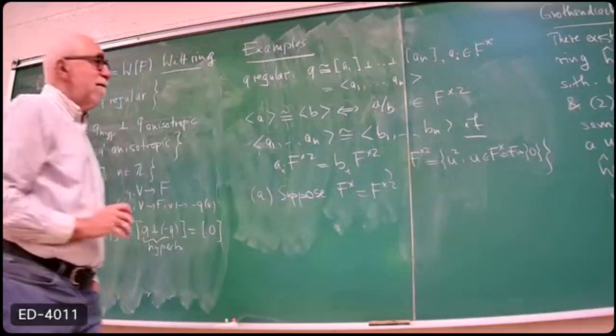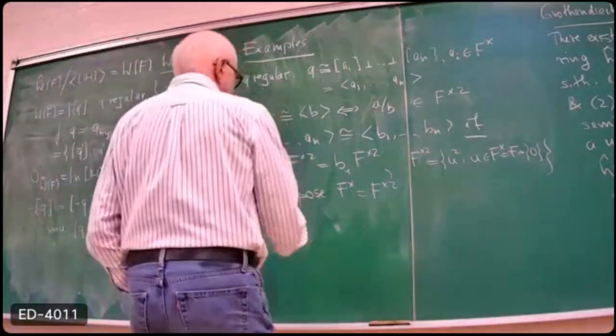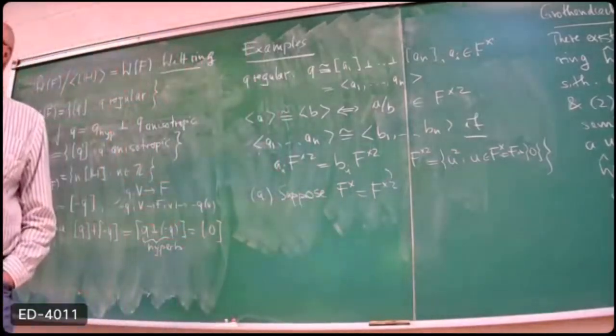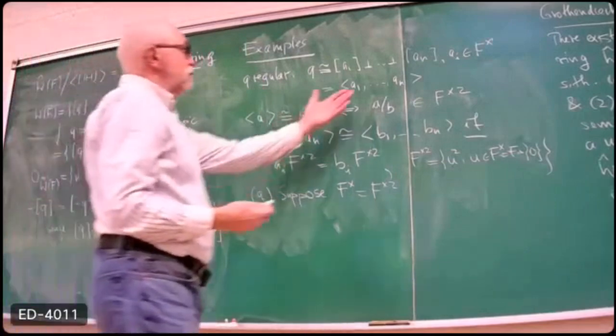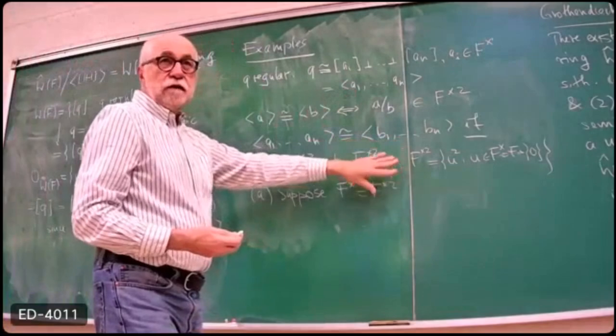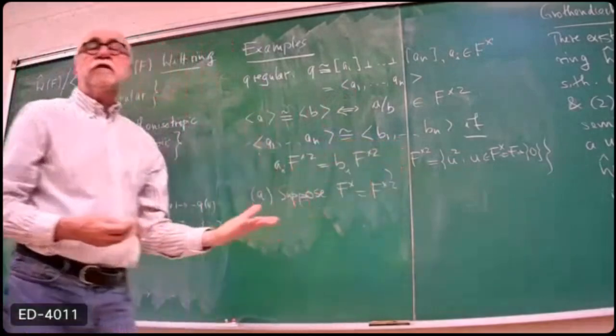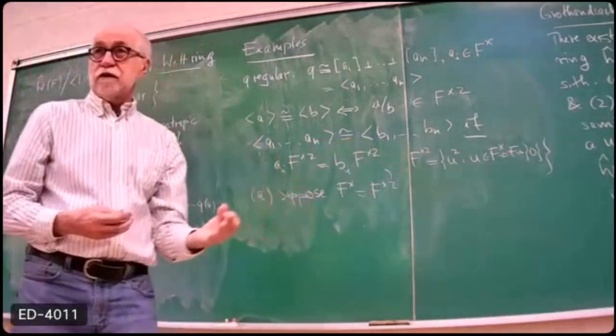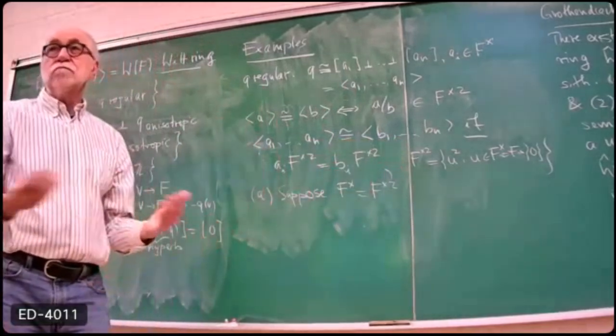Okay. Well, I take my regular quadratic form, I diagonalize it, I get scalars, I use this line here, and I can change all the non-zero scalars to, say, 1.